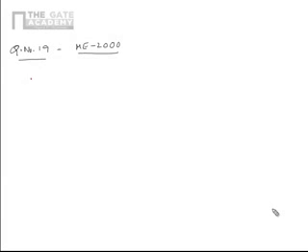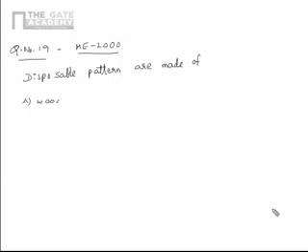Disposable patterns are made of: A. Wood, B. Rubber, C. Metal, D. Polystyrene.